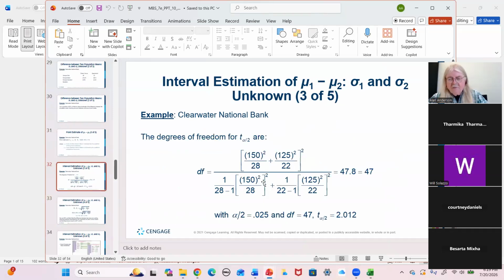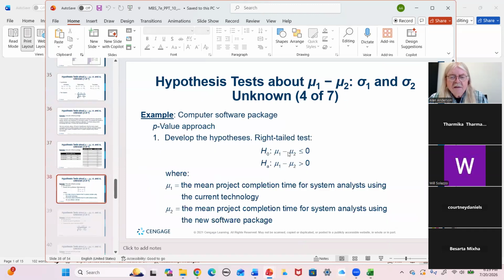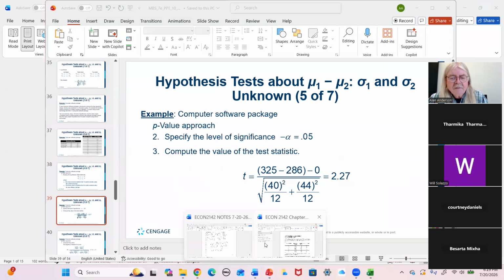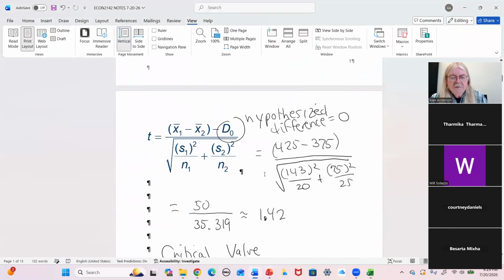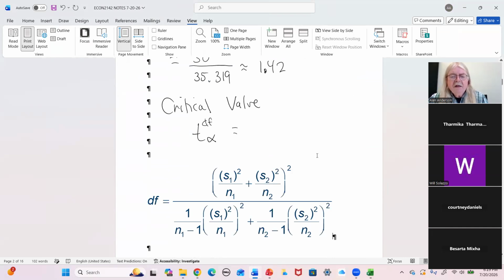Now, if you notice, they rounded it down. Not every book does it that way. I guess we'll stick with that approach because the calculators are perfectly capable of doing this.